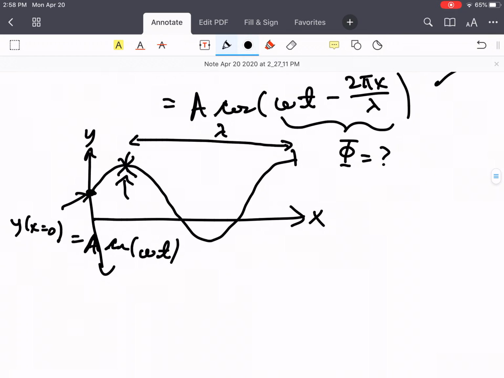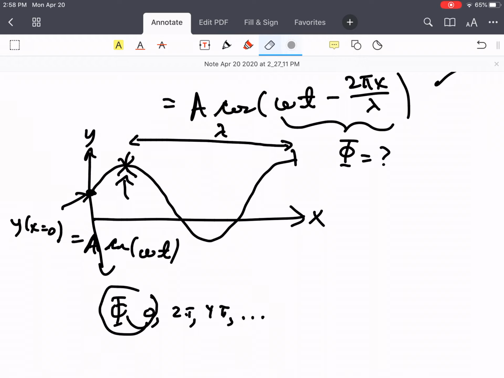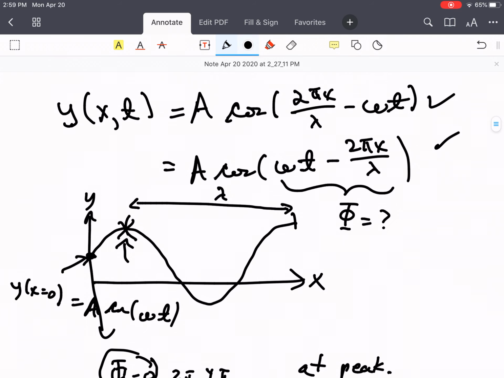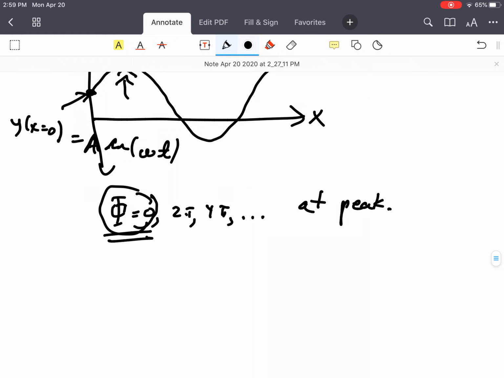Well, that phase had better be 0, or 2 pi, or 4 pi, etc. We'll pick phi equals 0, it doesn't really matter. That's going to be the position of the peak. So in particular, let's track what happens at one of these peaks, where y, the displacement of the individual particles, is as large as possible.